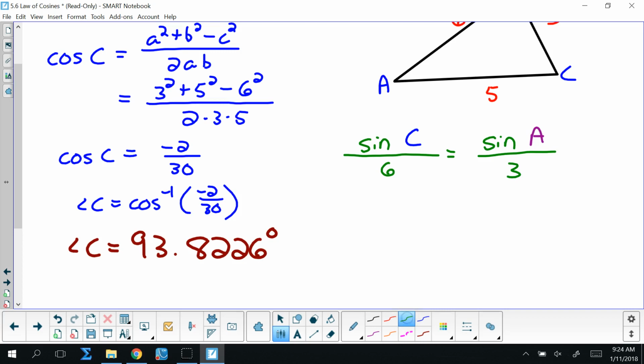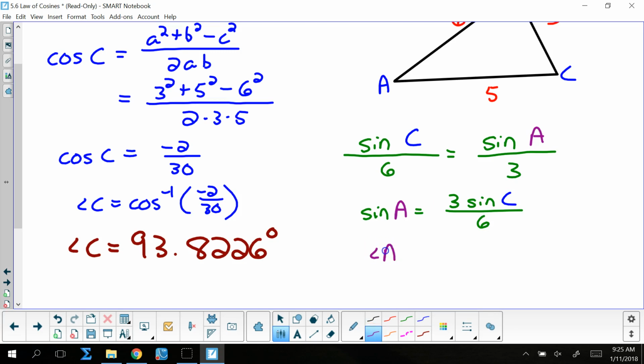Crisscross applesauce, the sine of angle A is equal to 3 times the sine of angle C divided by 6.